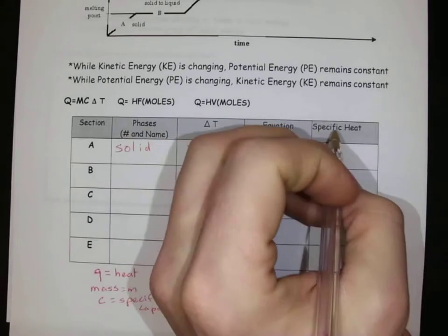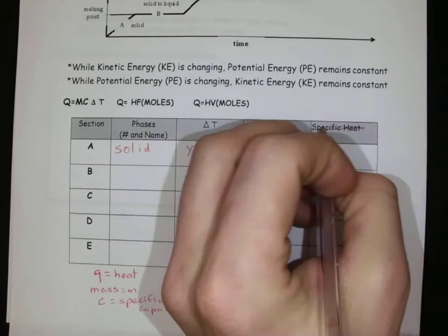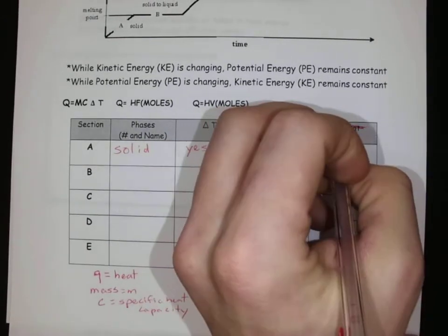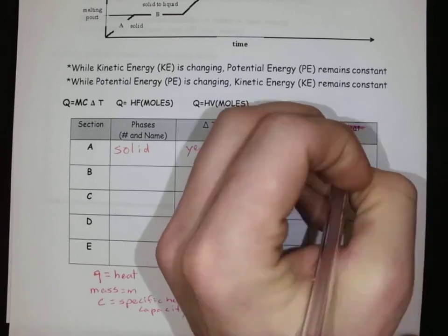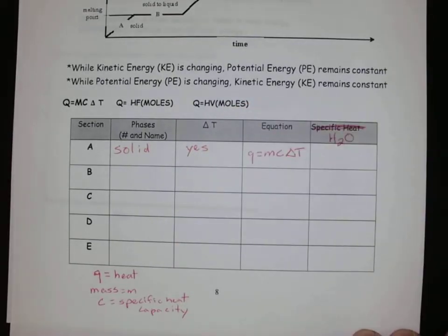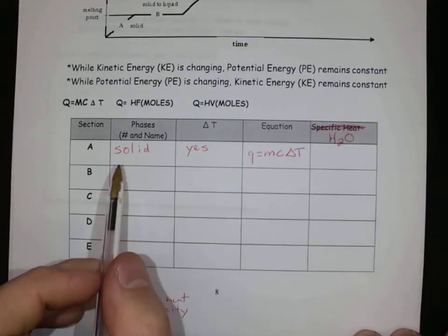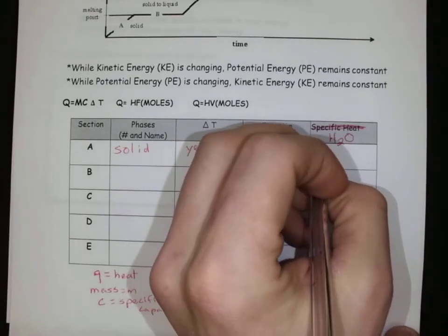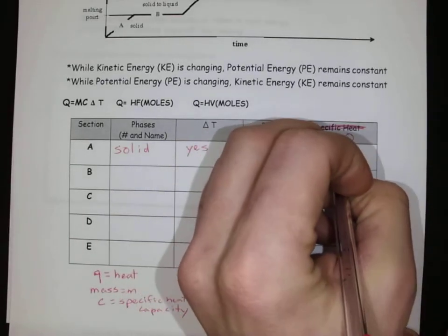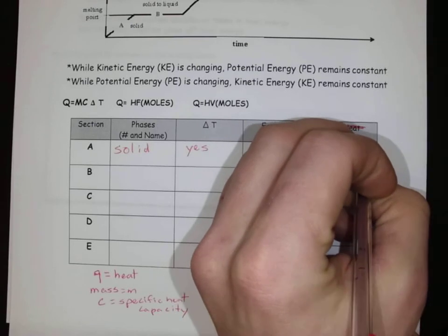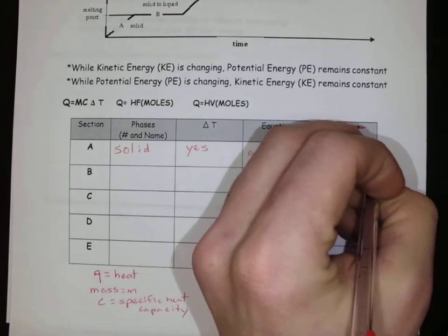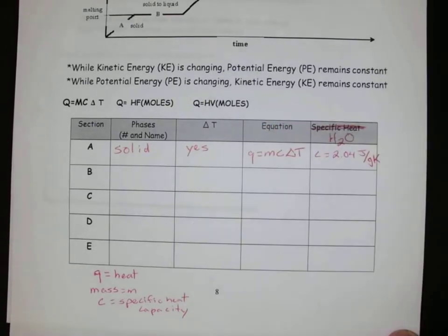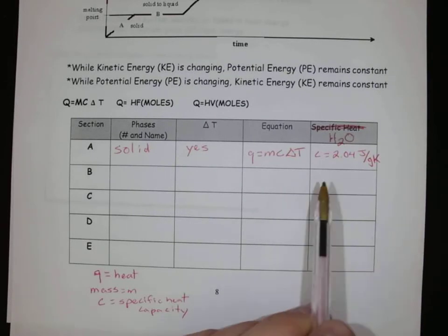So over here, in our specific heat column, I'm going to cross that out. I don't actually like that, because we're going to write in a few different values, but we are only going to be talking about water. When we have solid water, we are going to use a C value equal to 2.04 joules per gram Kelvin, or joules per gram Celsius.